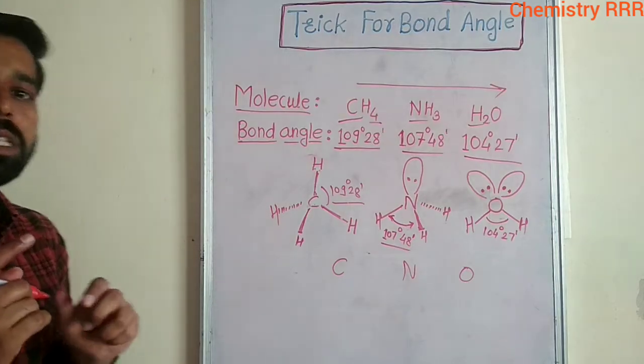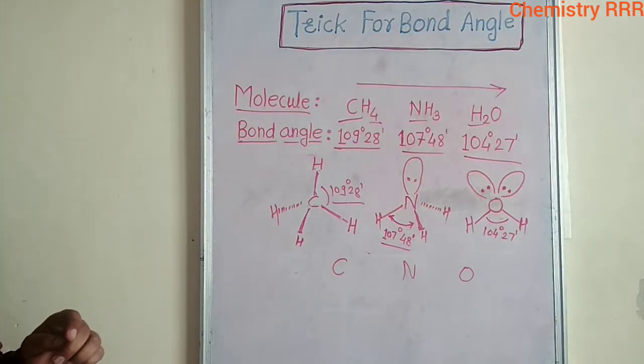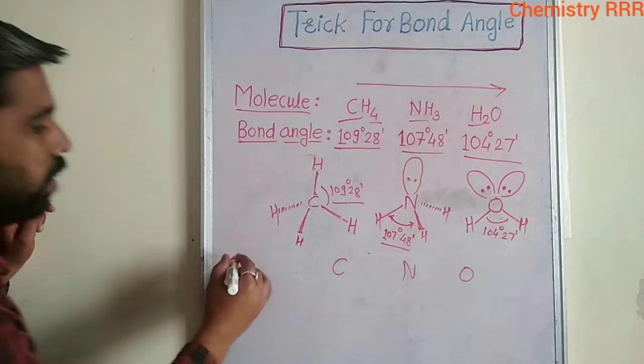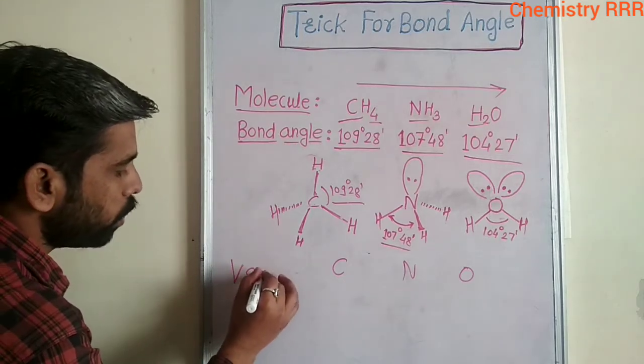The bond angle depends on two factors according to valence shell electron pair repulsion theory.